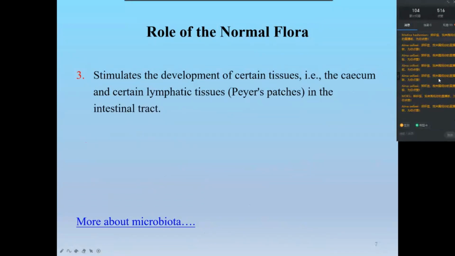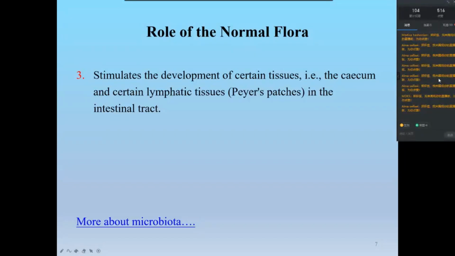Those antibodies can recognize the normal flora, but they can also recognize the same epitopes on pathogens, so these antibodies might neutralize the pathogens or help the immune system to clear the pathogen. So this we call cross-reactive antibodies.